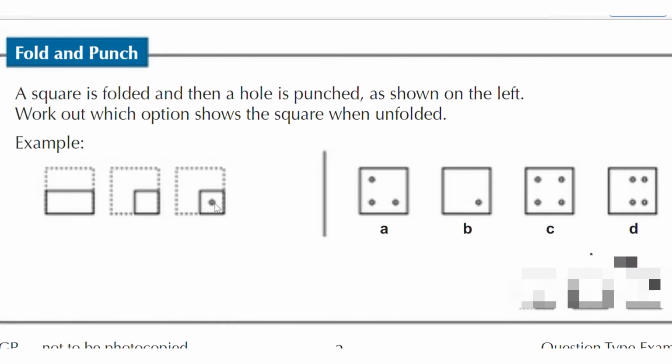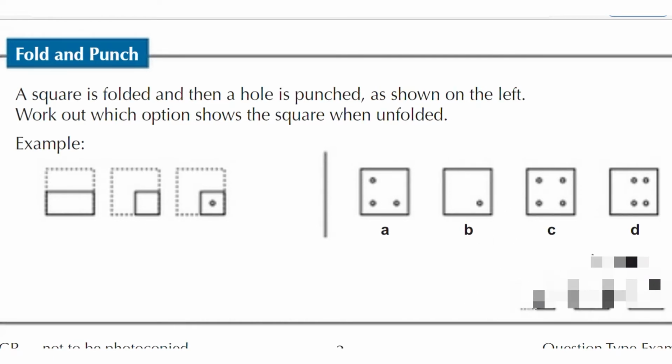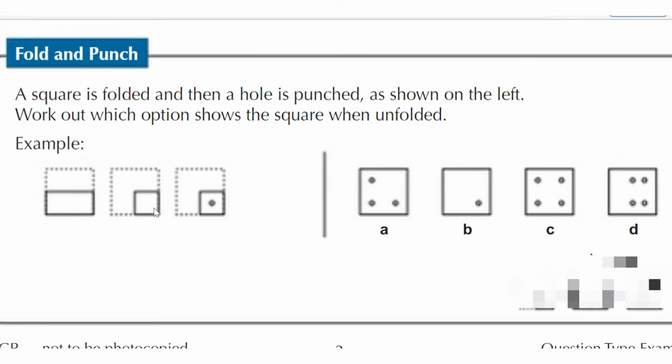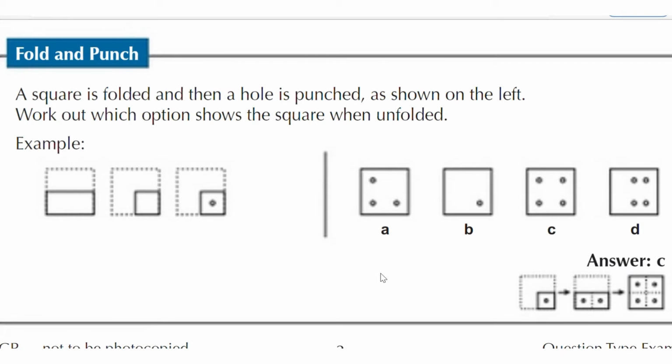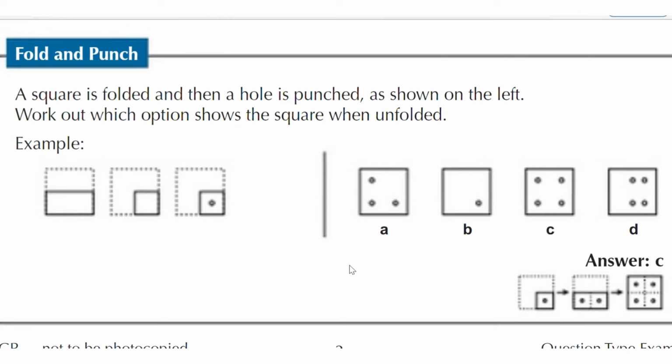Now a hole is punched in the middle. The question is, work out which option will show how the square will be when you unfold it. So you can see when you punch the hole there, it's more like working your way backwards. Working your way backwards, you'll see it's going to have 2, and then bringing it back up is going to have 4. So that's why it's got 4 punches. And the answer is.